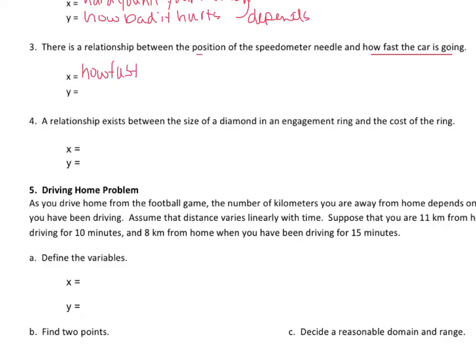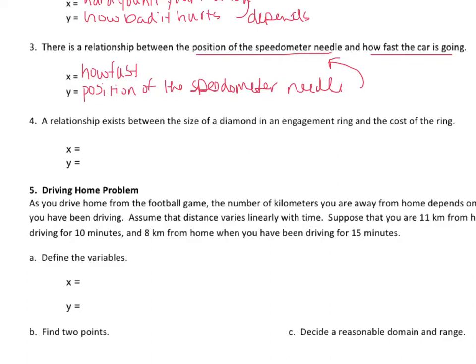And the position of the speedometer needle would be the y. Okay, and now just say it to yourself and make sure it makes sense. The position of the speedometer needle depends on how fast the car is going. And I believe that makes sense.